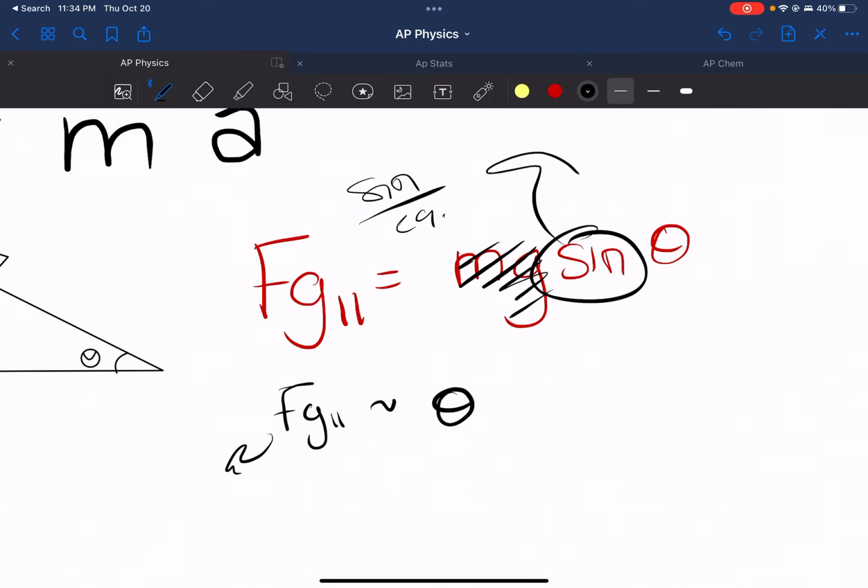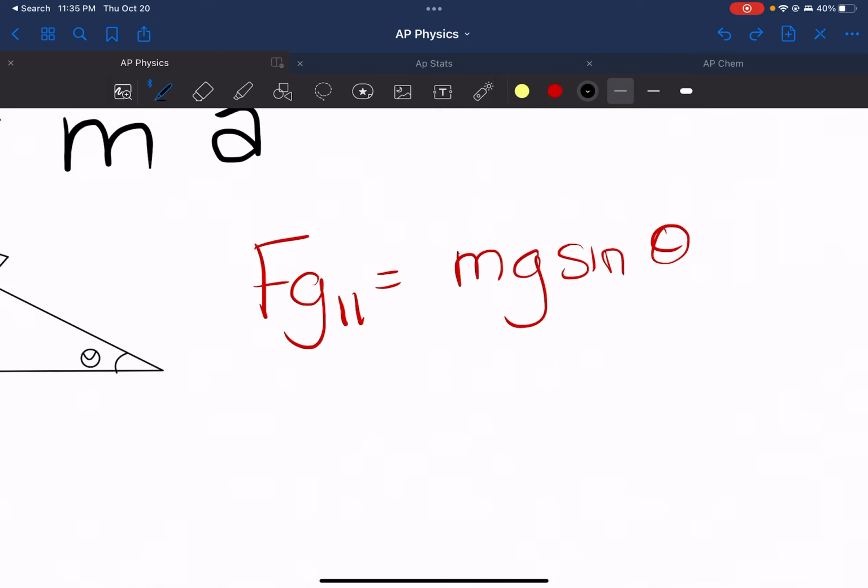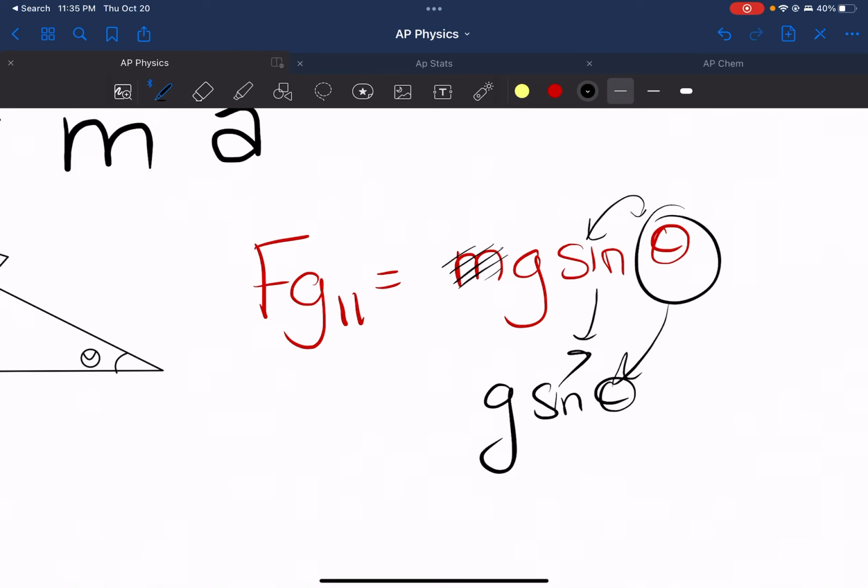Right? Okay. I'm going to show you guys something also. When I say this is constant, it doesn't mean that you can completely eradicate this. It just means that when I'm comparing it, it's not going to change. But let's say I want to account for the g. Let's just say g sine theta. Sine's not going to change. It's only going to change based on this. So these depend on each other, right? The value of this whole thing depends on theta, because theta will change sine, and obviously these constants, but in general.